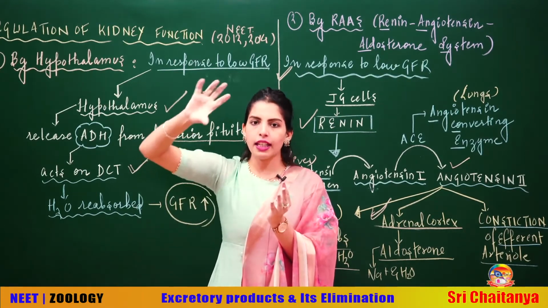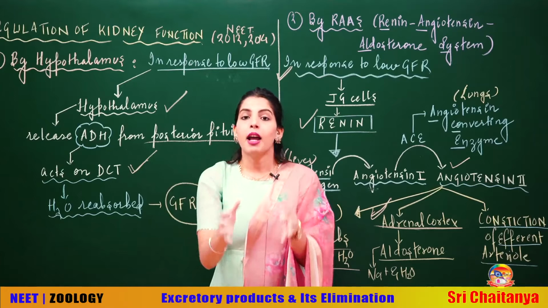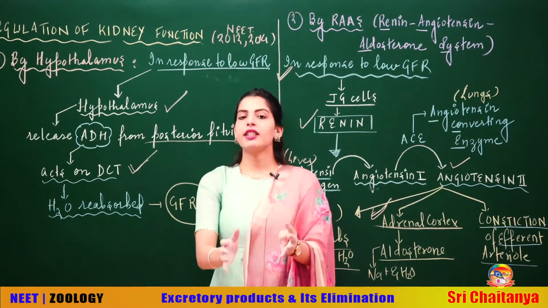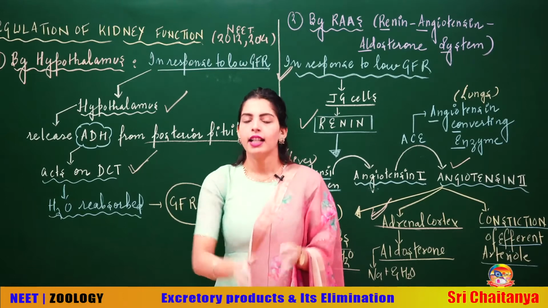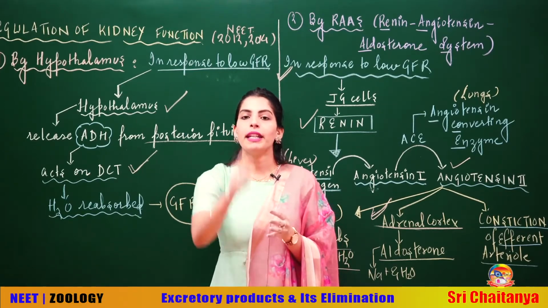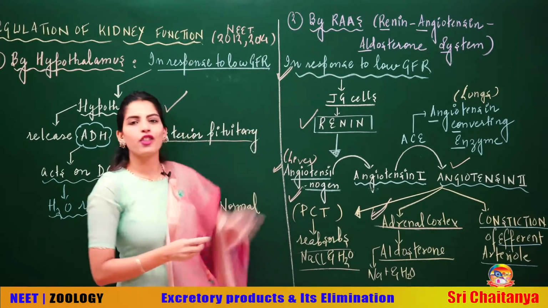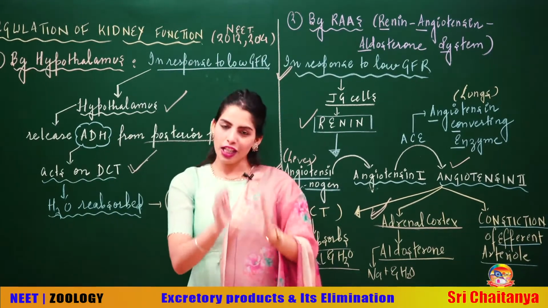If I constrict the efferent arteriole, that means blood will be retained in the glomerulus. If the blood is retained in the glomerulus, the GFR will be increased. That was our purpose because it was operating in response to low GFR.